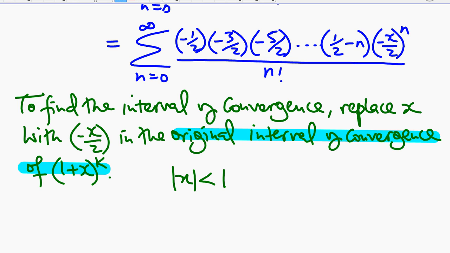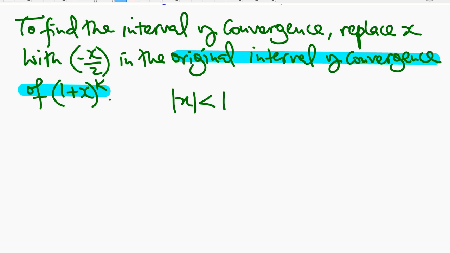Now, what you're going to do is replace x with negative x over 2 to get the interval of convergence of the new series.